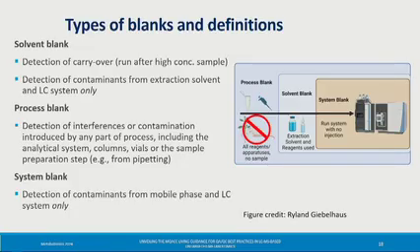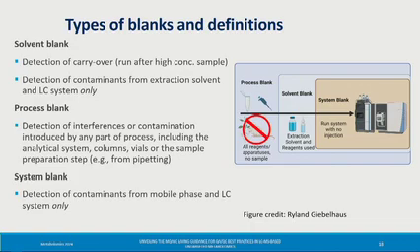The types of blanks and definitions: we have 3 different blanks. We have the solvent blank, which is used for the detection of carryover, mostly run after highly concentrated samples. It's also used for the detection of contaminants from extraction solvent and the LC system only.